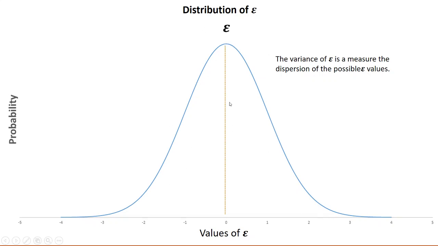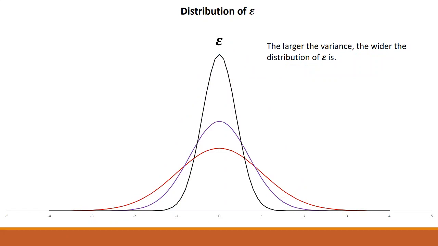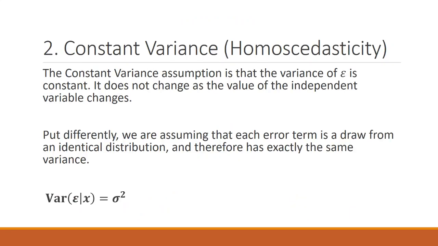It has a variance, which measures the amount of dispersion of the possible epsilon values. Just like before, the larger the variance, the wider the distribution of epsilon is. The constant variance assumption is that the variance of epsilon is constant. It does not change as the value of the independent variables change.